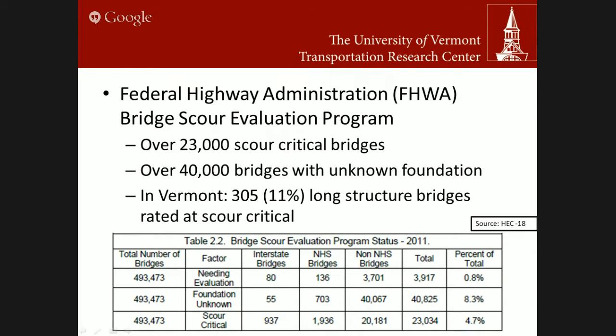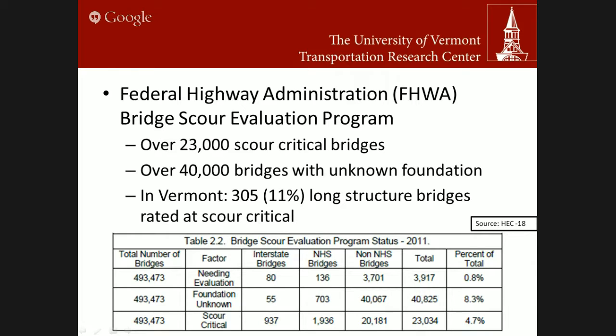The Federal Highway Administration conducted a study called the Bridge Scour Evaluation Program, where they tried to figure out how many scour critical bridges there are in the United States. There are currently 23,000 scour critical bridges in the U.S., with over 40,000 unknown foundations.